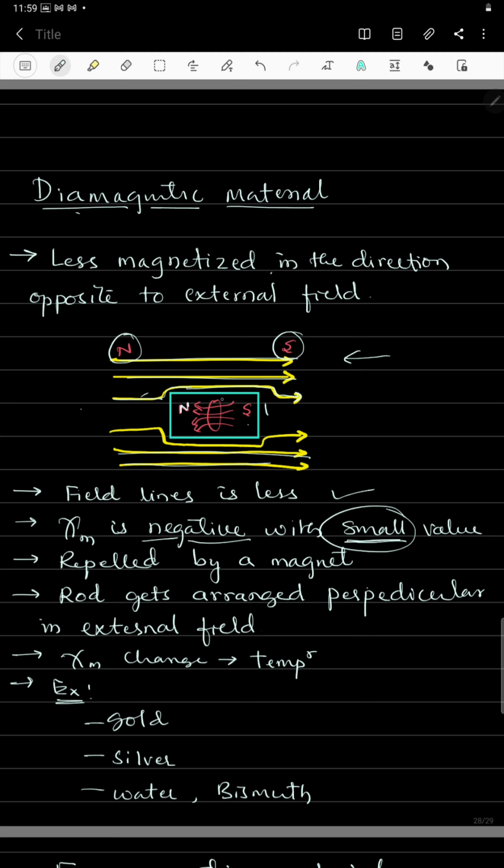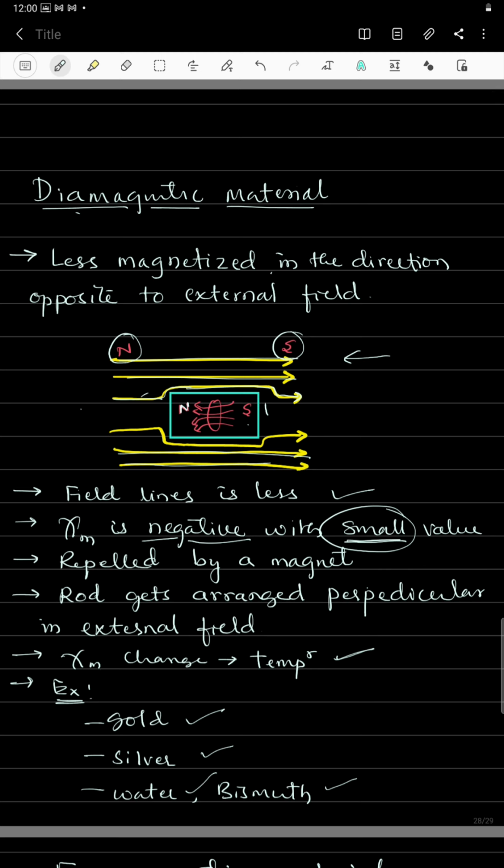If you place this rod into the magnetic field lines, then the rod is perpendicular to the magnetic field lines, and chi m changes with the temperature. And the examples for the diamagnetic material are gold, silver, water and bismuth. So these are the examples of diamagnetic materials.